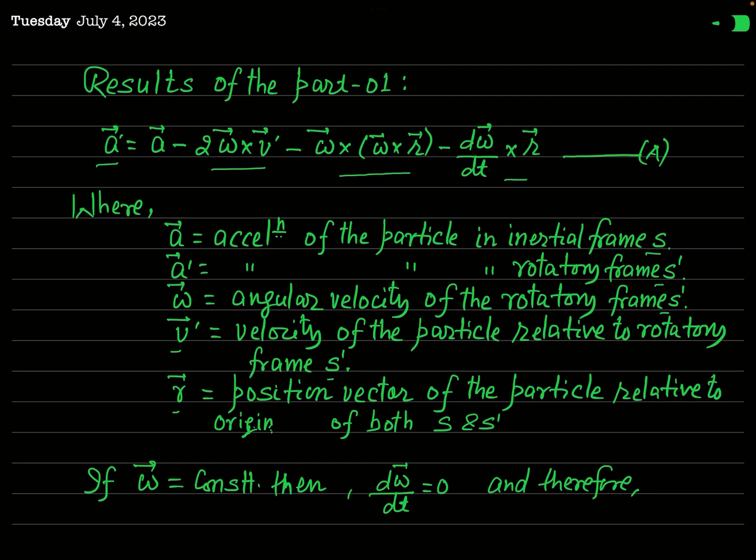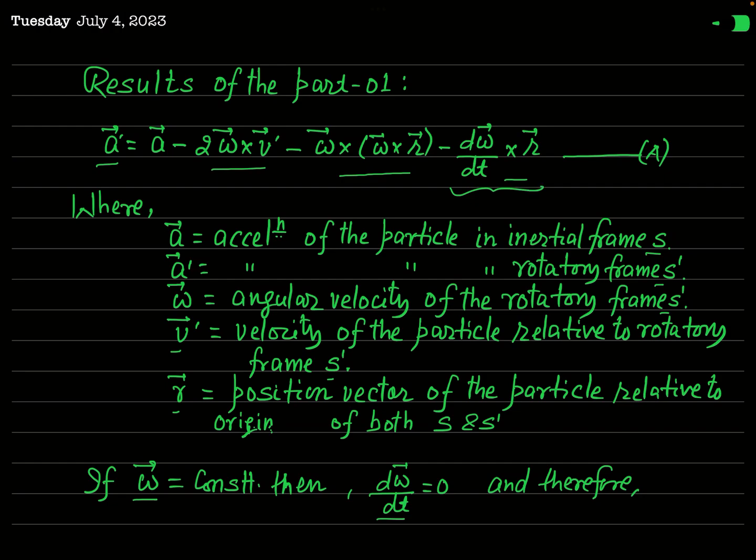Now, if you consider that our rotatory frame is rotating with a constant angular velocity, it means omega is constant. Then certainly d omega by dt will be equal to 0. And if d omega by dt is 0, the last term in this expression will vanish.